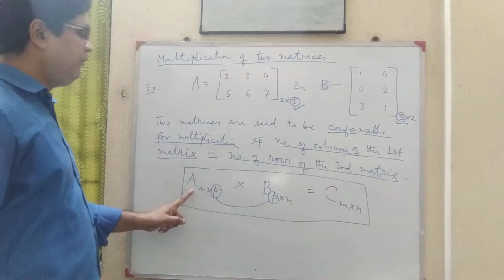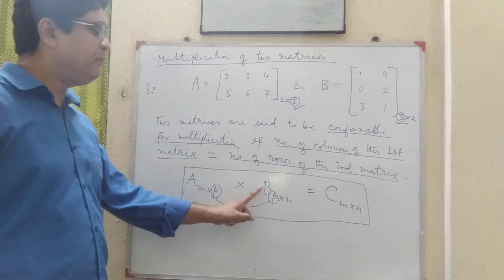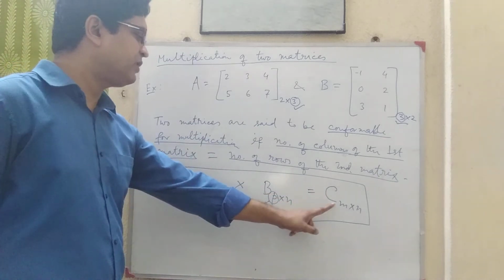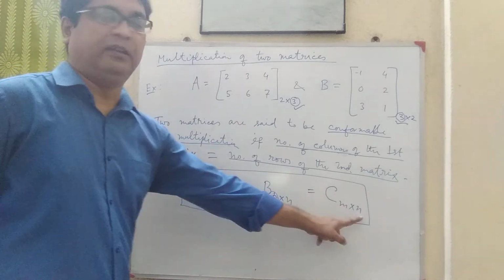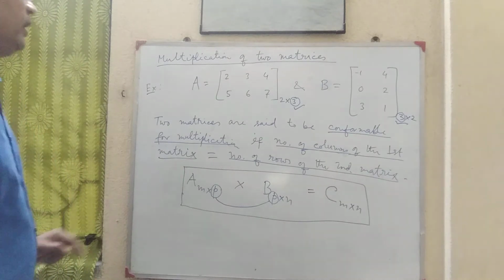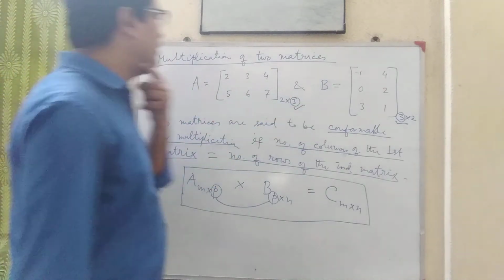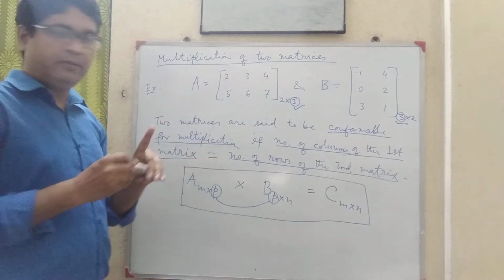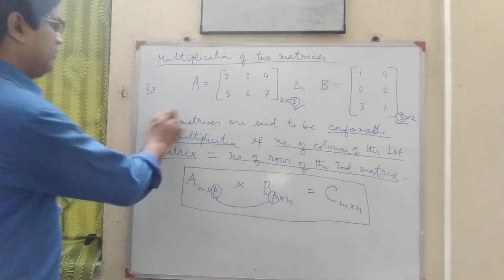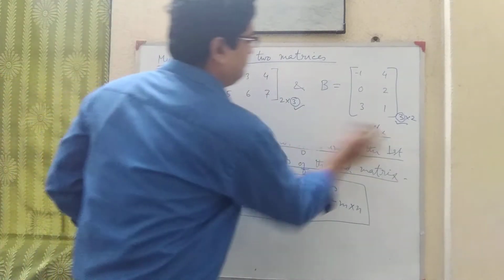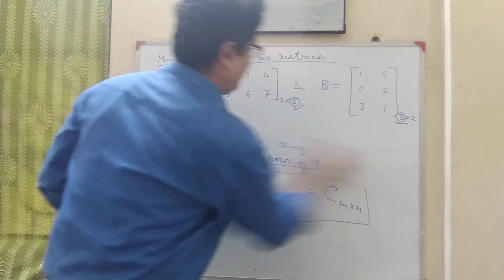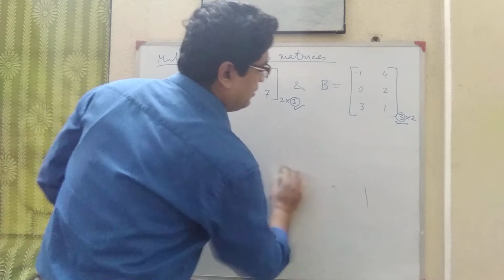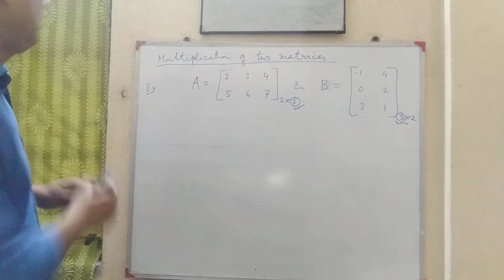That is, if A, M by P, is multiplied by B, P by N, then the result matrix or answer matrix will have the order M by N. Okay, now come to this particular example. A and B, here if we want to multiply them, then what will be the answer?